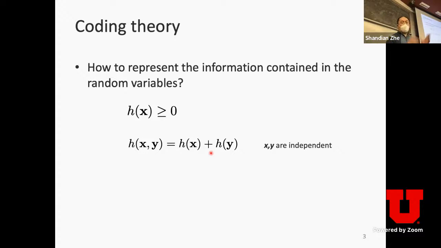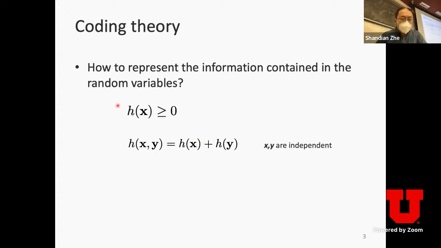Of course, if X and Y are dependent, meaning that when you know X, you know a little bit of information about Y, then your joint information shouldn't be the summation of the individual information. But if X and Y are totally unrelated, totally independent of each other, then their total information should be the summation of their individual information.